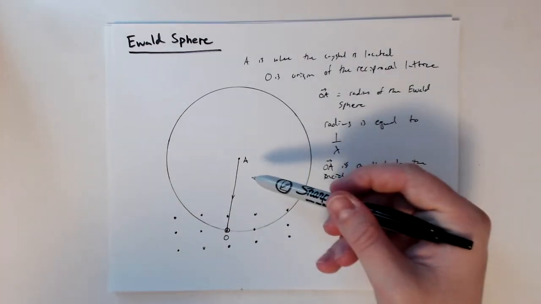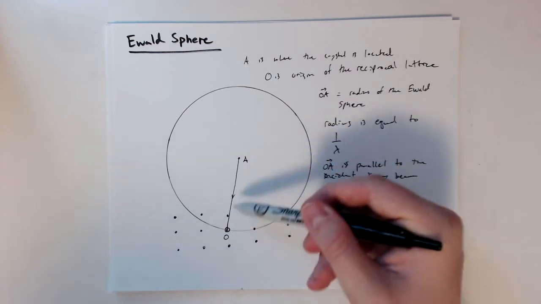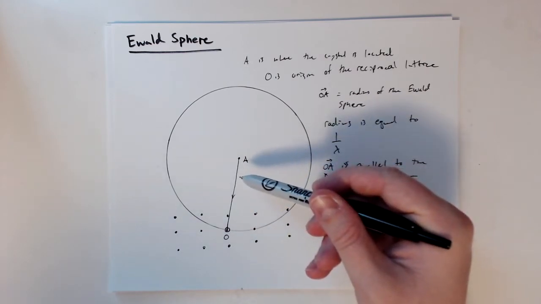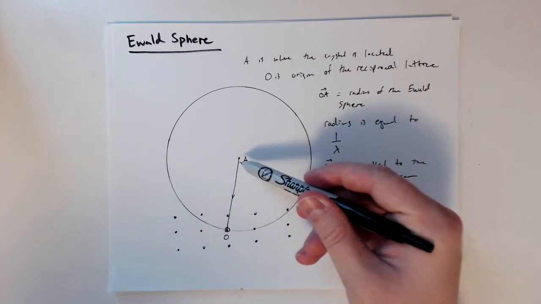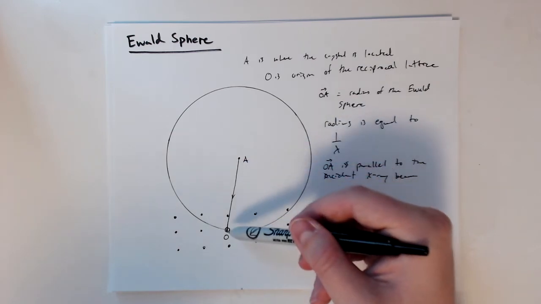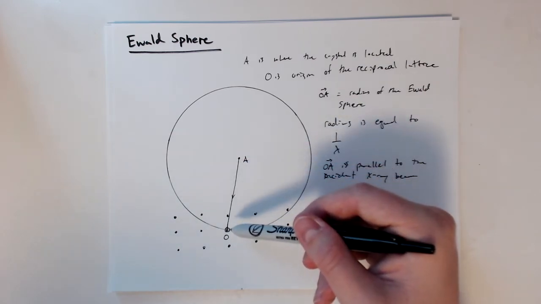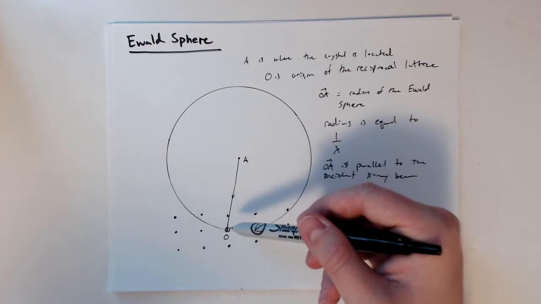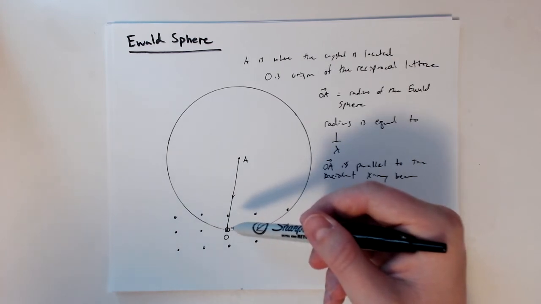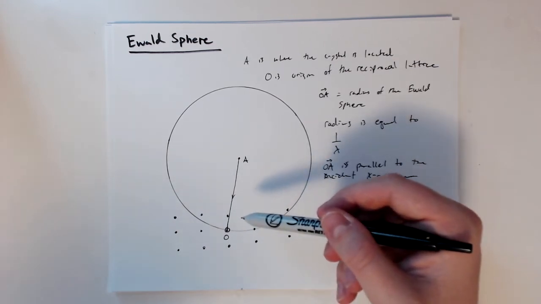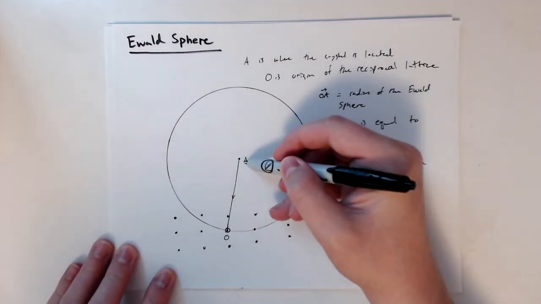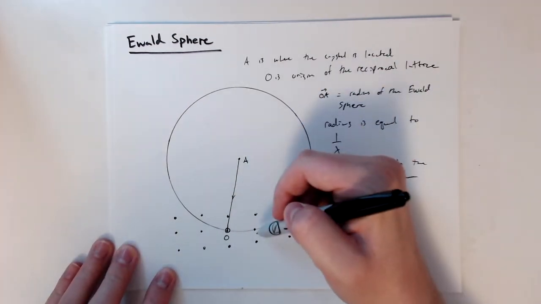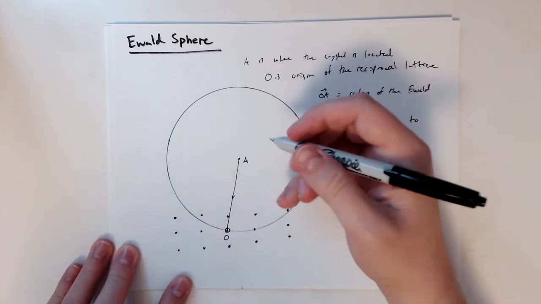So the vector OA represents the incident beam originating at the crystal, point A, and going to the origin of the reciprocal lattice. Now let's look at the diffracted beam. The diffracted beam can be represented by another vector from A to any of the given reciprocal lattice points.